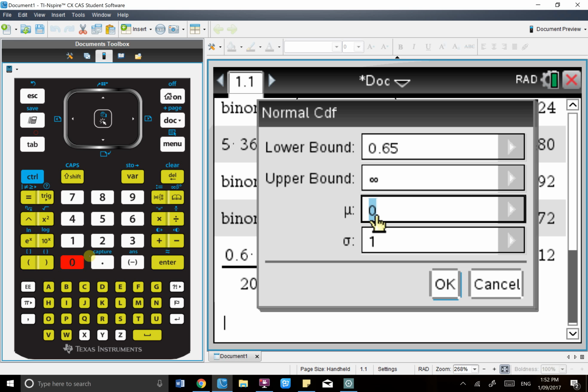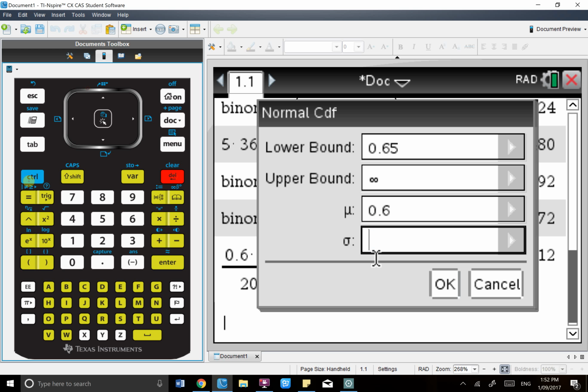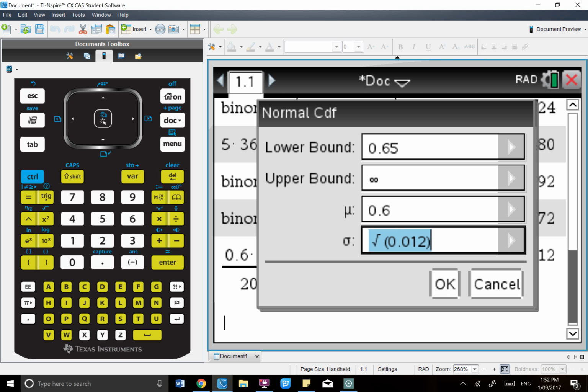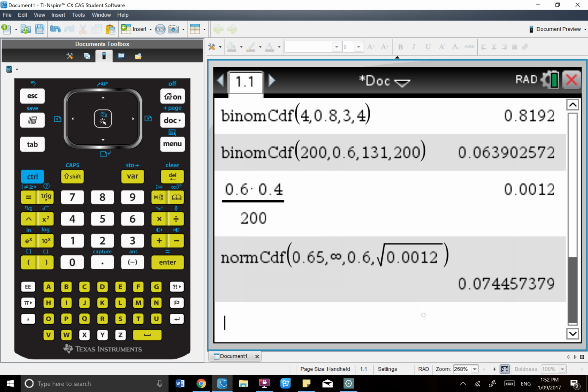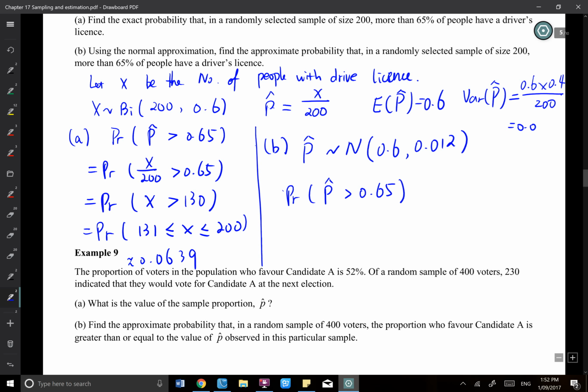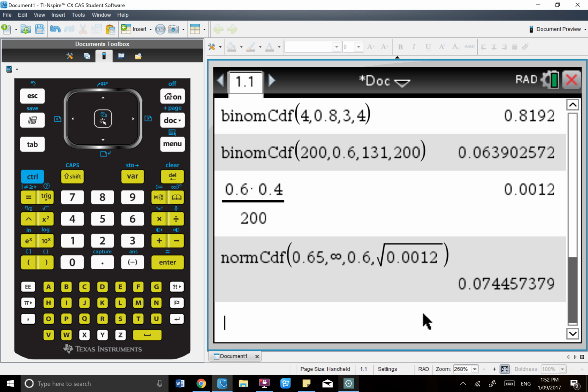The mu is 0.6 and the standard deviation is the square root of 0.012, because you need the standard deviation. That is approximately 0.0745.